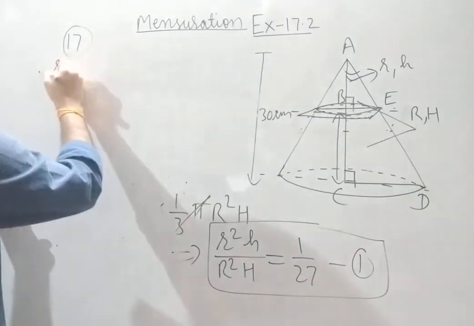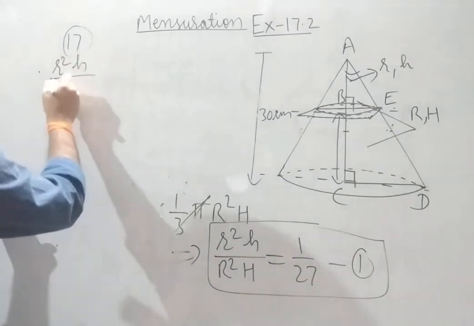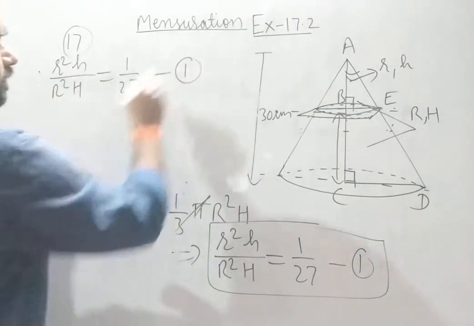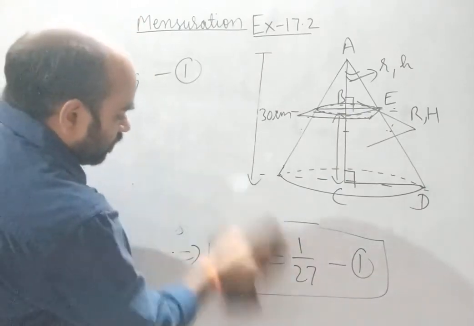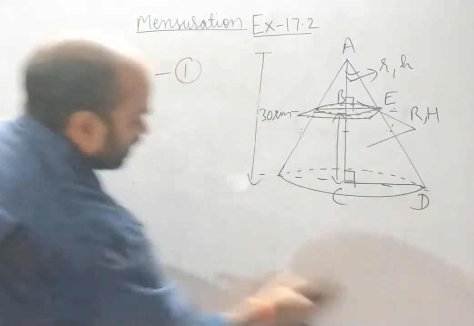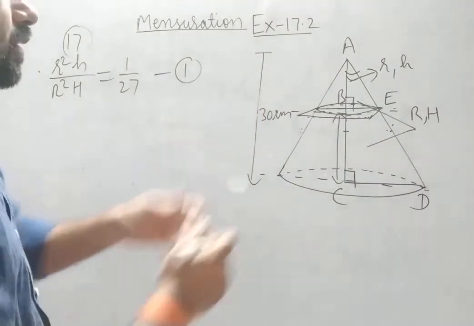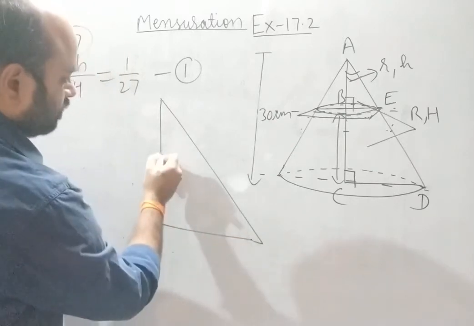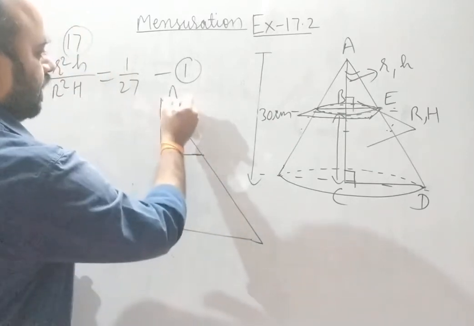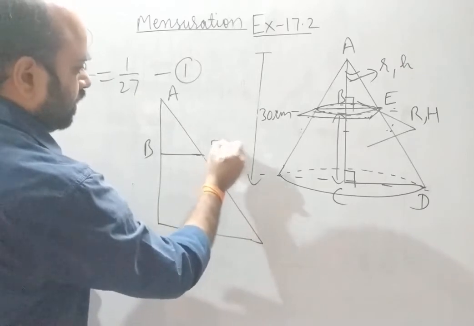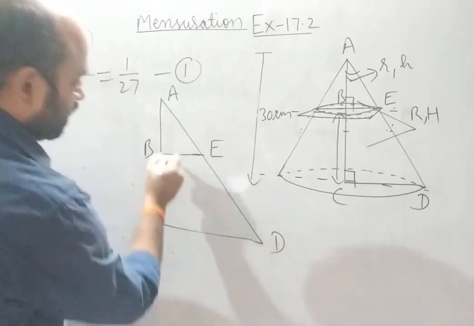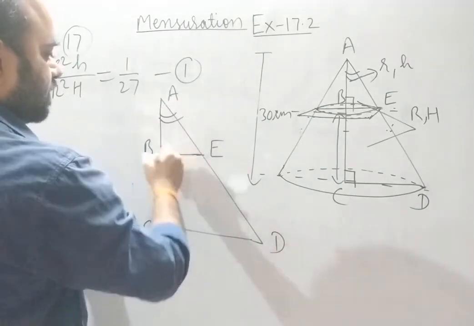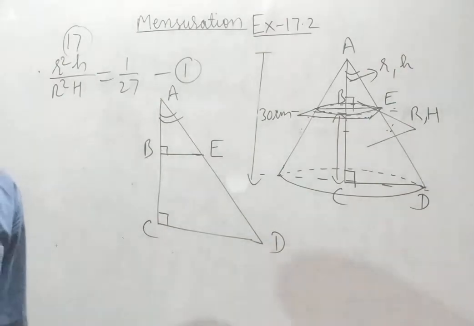And we are writing this equation here: r square h upon capital R square H is equal to 1 upon 27, equation 1. So you can see here, this is the diagram: A, B, E, C, D. These two angles will be 90 degrees, and this angle is common in the smaller as well as the larger triangle.